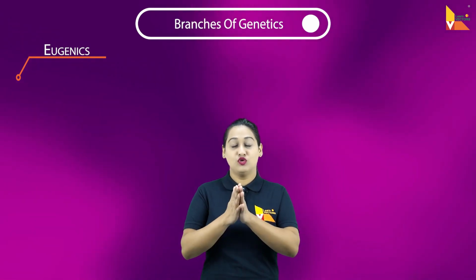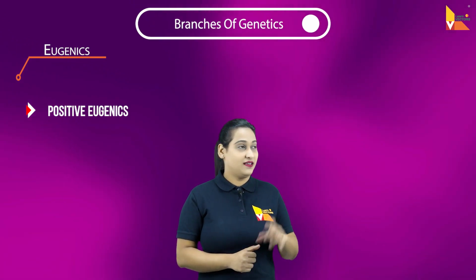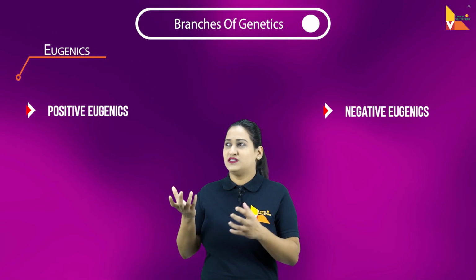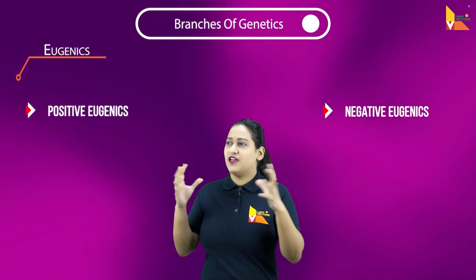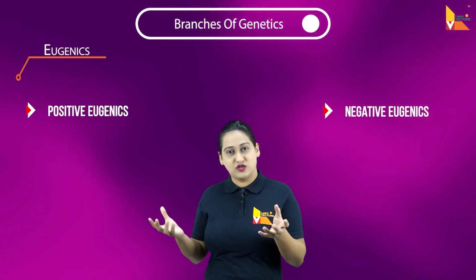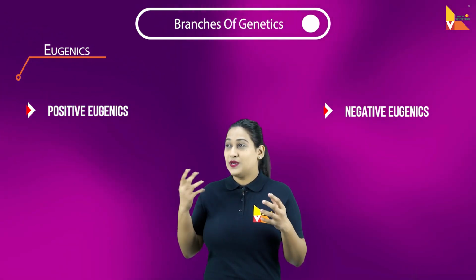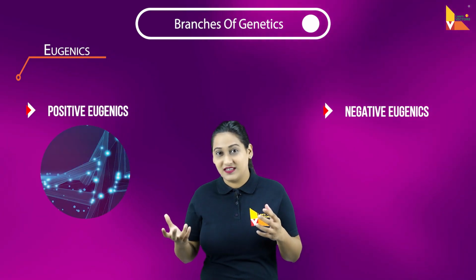Well, eugenics is divided into two parts. The first one is positive eugenics, and the second one is negative eugenics. Positive eugenics is basically giving a broad opportunity for people to study the desired traits, to study more about genetics.